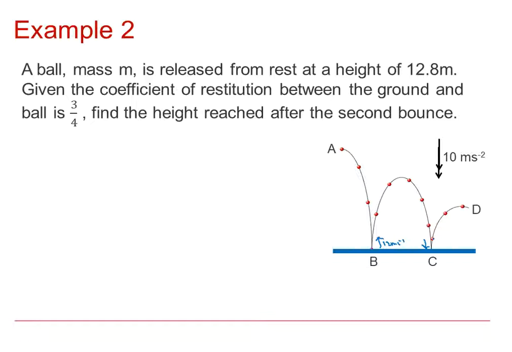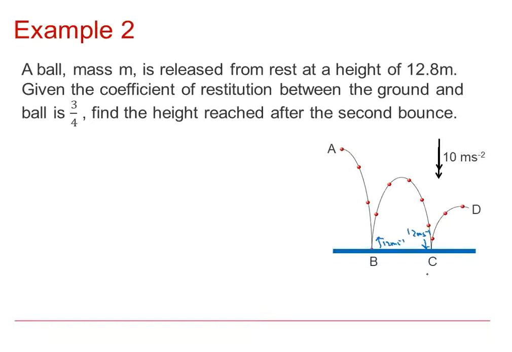So I know that this speed here is also 12 meters per second. So if it rebounds at B at 12 meters per second, it must come back down to this horizontal ground at 12 meters per second.